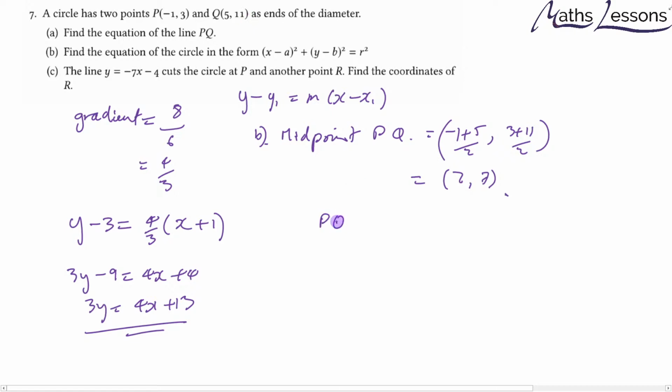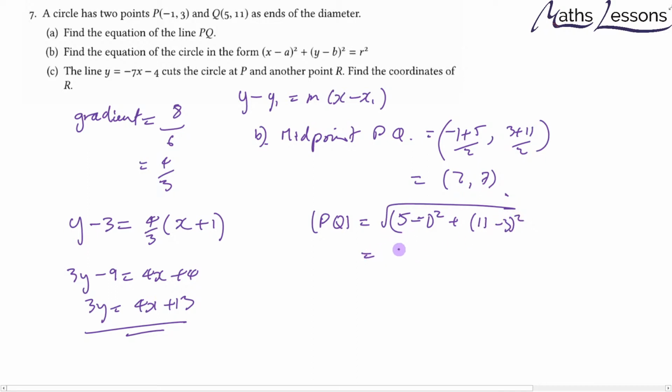So the length of PQ is equal to 5 minus -1 all squared. Sorry, it's meant to be a square root there. Let's rub that out and write it neater. So we have the square root of (5 minus -1) squared plus (11 minus 3) squared.